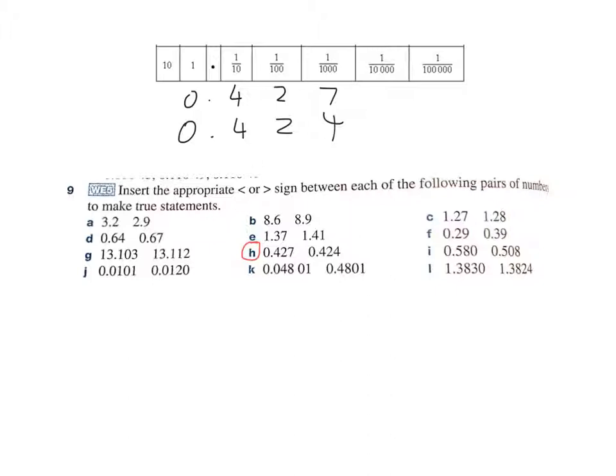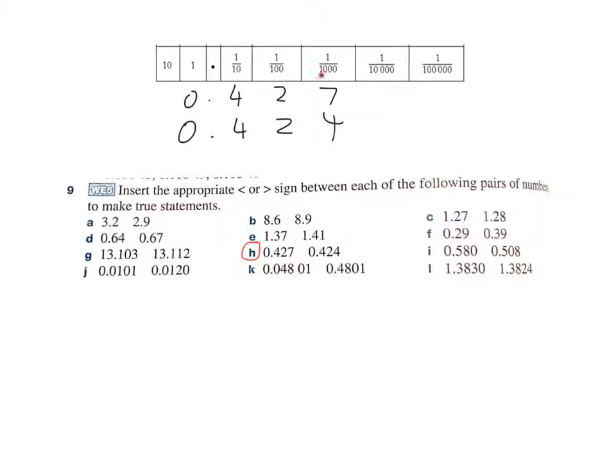Okay, so the number 7 is greater than the number 4. So that means that 0.427 must be greater than 0.424. So once you have different numbers in the same place value, that's when you can compare to see which number is the bigger number.